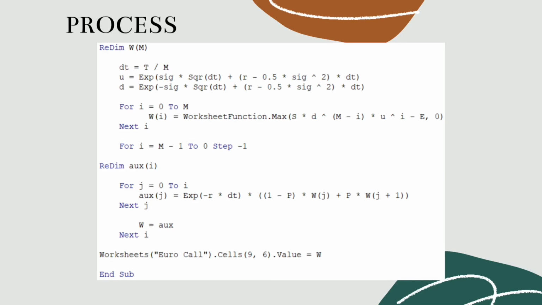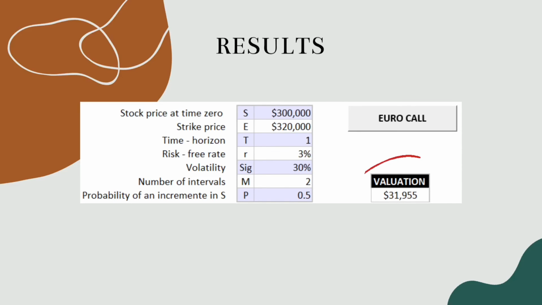By repeating this m times, the return value will be the one saved in this vector, getting as a result a fair price of 31,955 for this European call.